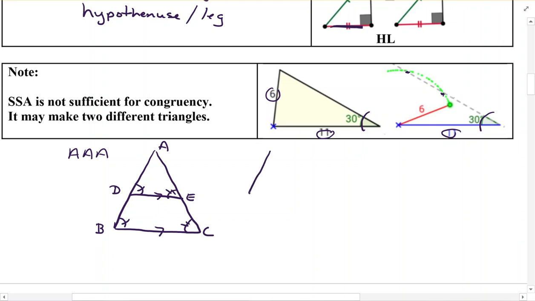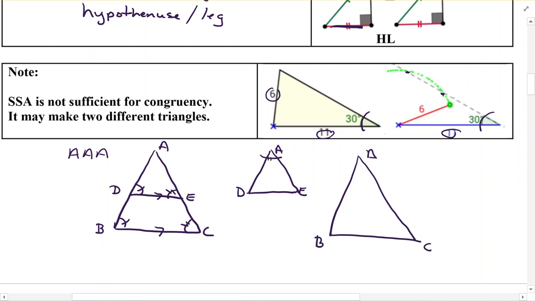They both have angle A. So I know that angle A is congruent to angle A because it's the same angle. This was congruent to this, and E was congruent to C. So we have all three angles congruent, but these two triangles are not congruent. So AAA does not work, and side-side-angle does not work.